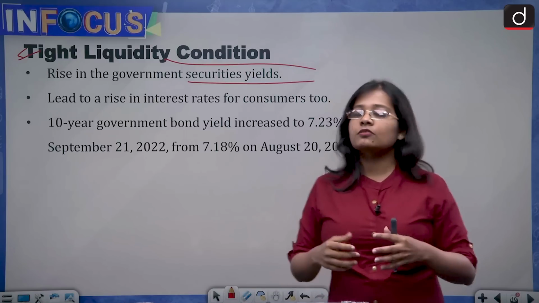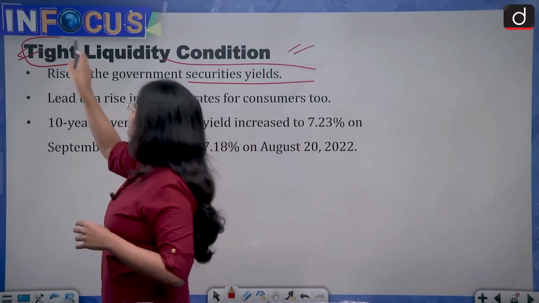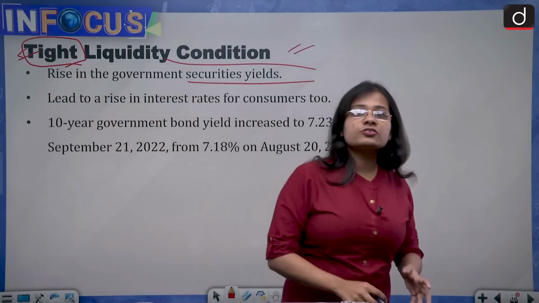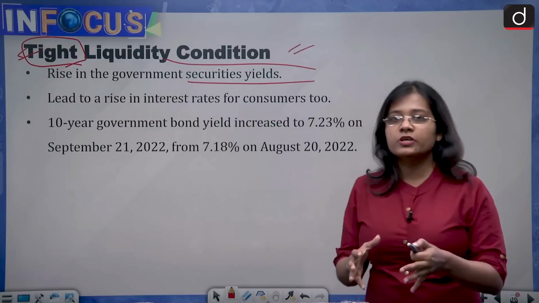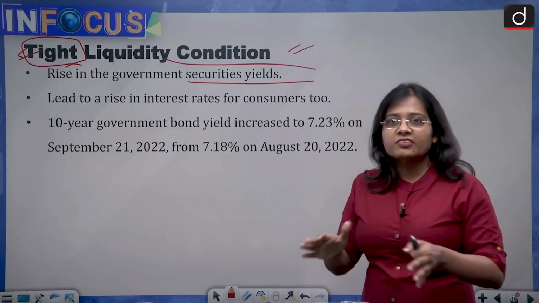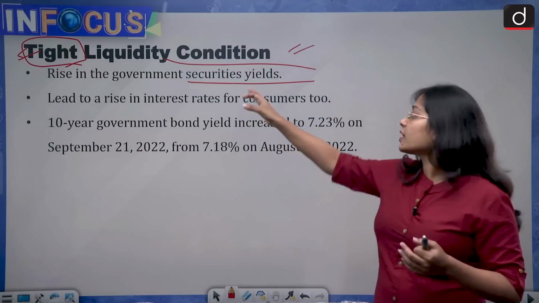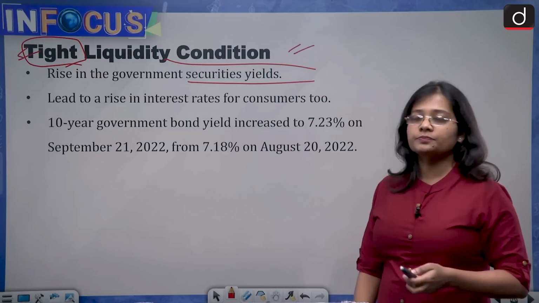That is why it is called tight liquidity condition. They have to manage the liquidity in a very proper way, because surplus is not present with them. Whatever is present, they have to deal with.